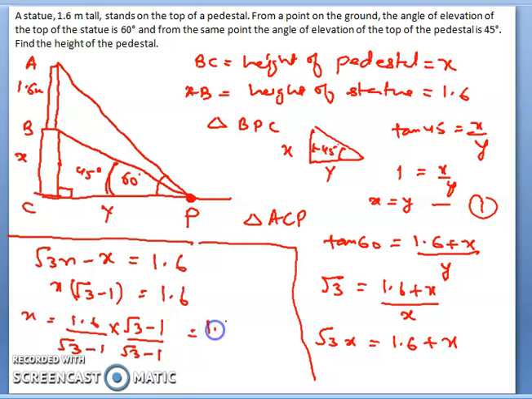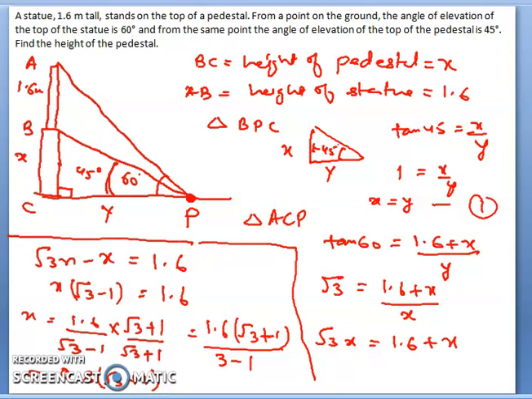So this is 1.6 upon root 3 minus 1, and we multiply by root 3 plus 1, because if there is negative, then we need to rationalize with plus. So this is a minus b into a plus b, which is a square minus b square. That means 3 minus 1, which is 2. So 1.6 divided by 2 is 0.8 into root 3 plus 1.